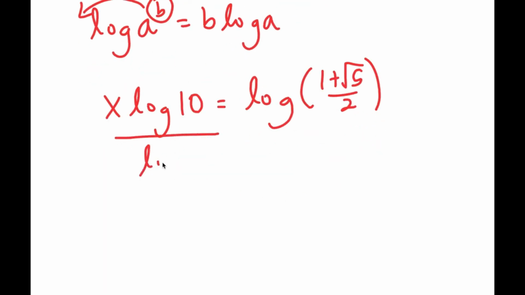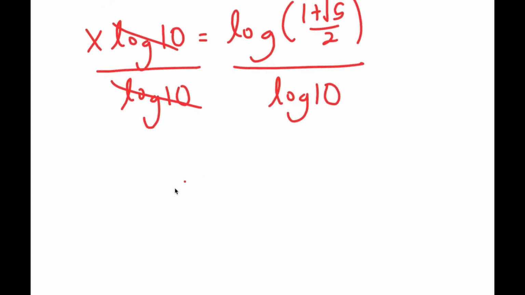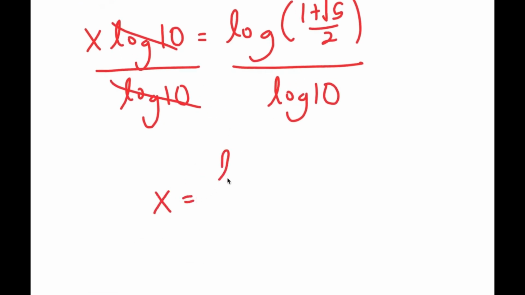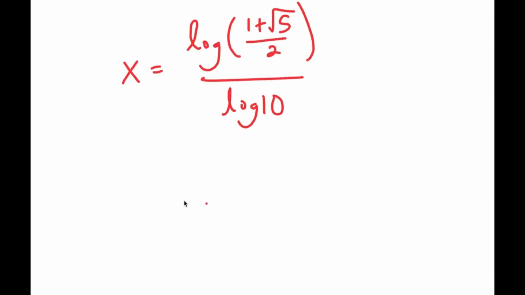And now I'm going to divide both sides by log 10. So then these two cancel out, and I get x is equal to log of 1 plus the square root of 5 over 2, over log 10. And log 10, if you guys already know, is equal to 1.